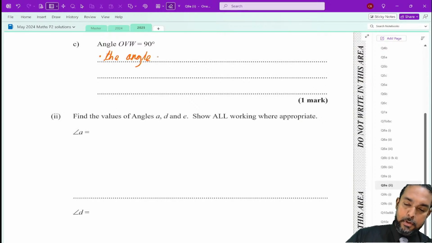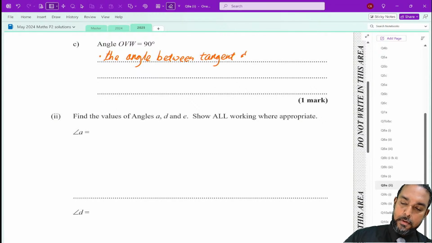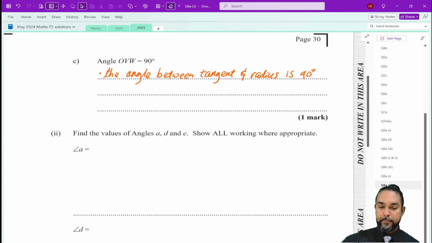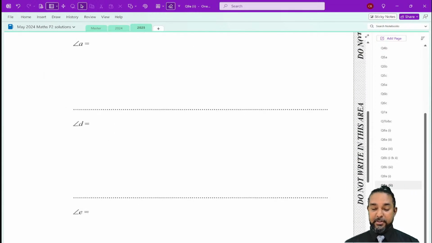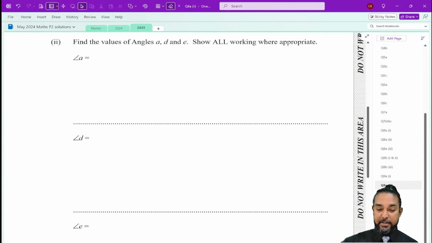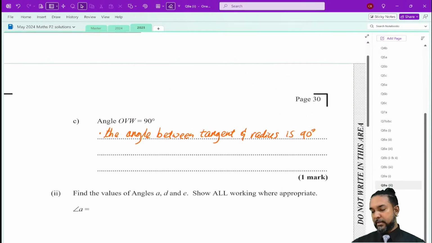The angle between tangent and radius is 90 degrees. Okay. Right. So just so you know, they want us to find the other unknown angles, A, D, and E. All right. So I'll be going back to that one.